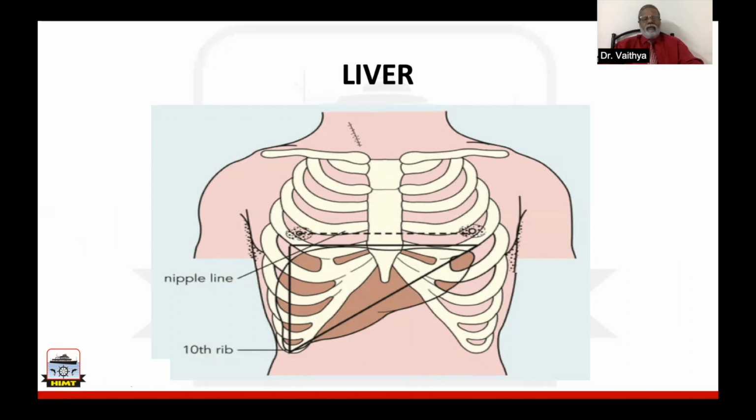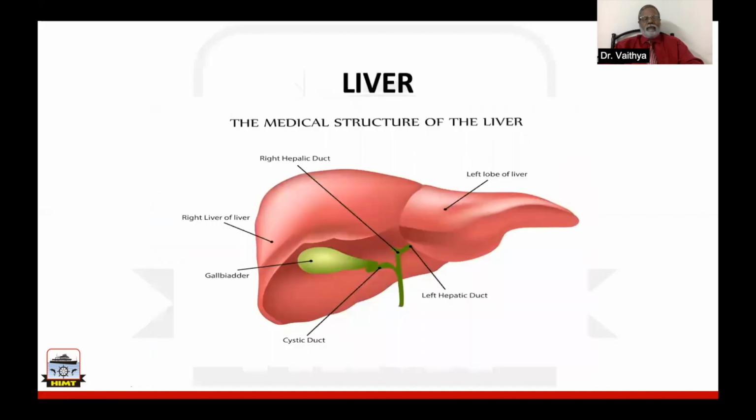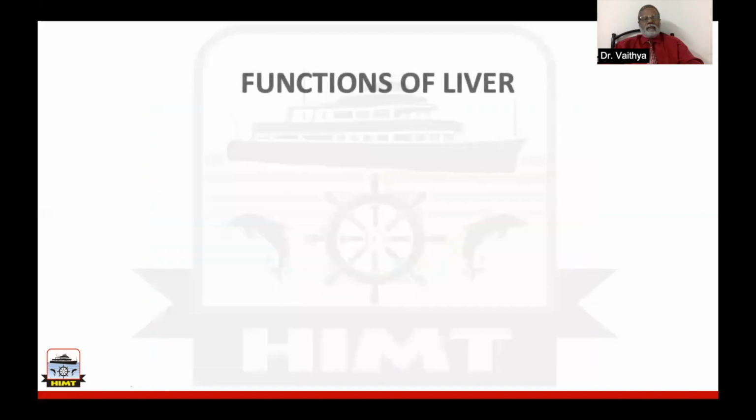Fine. So what are the functions of the liver? Earlier I told you, without the liver, survival is not possible. So it is doing some life-saving functions. What are the three basic needs for us to survive? Air, water, food, isn't it? And this food part is totally controlled by the liver.